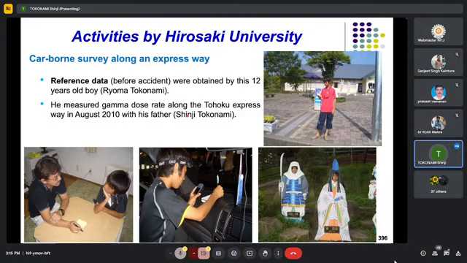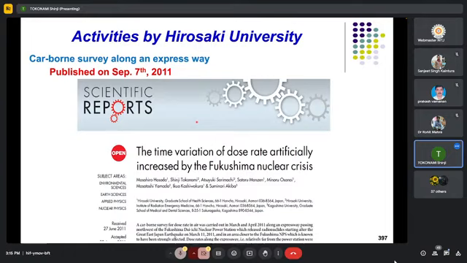This was the first contact with radiation for my son. My son provided precious data as a background, but we didn't put his name as a co-author.